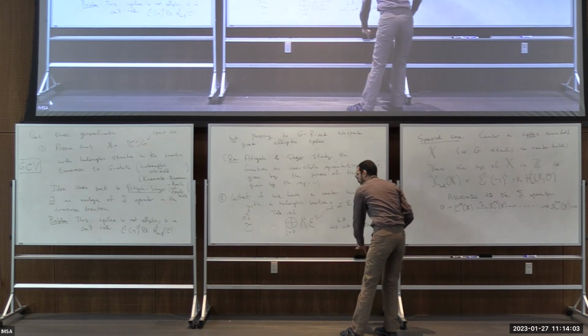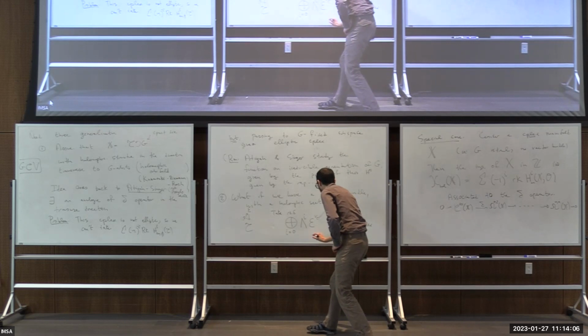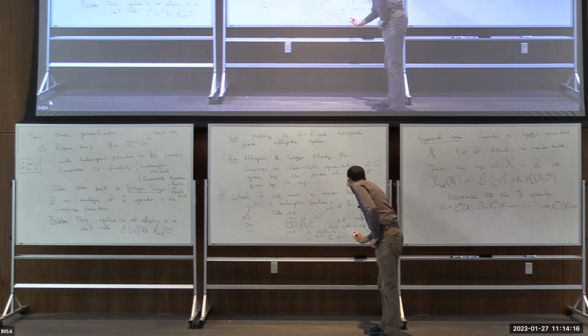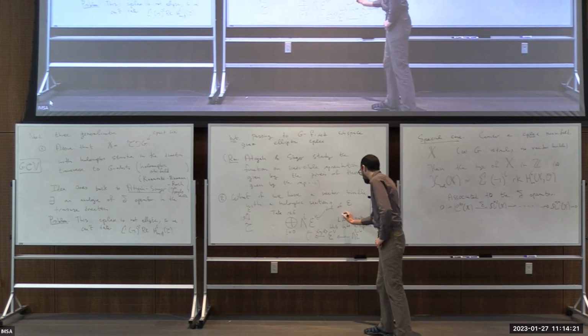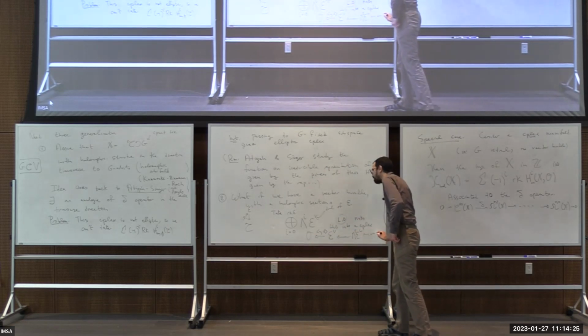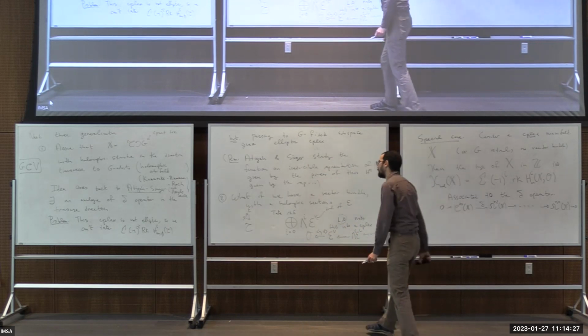At the very end the complex looks like this: you have the trivial bundle, then E dual, and you just pair against S. This is the notation for doing things with exterior powers.